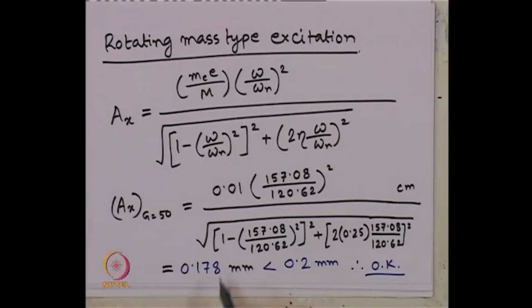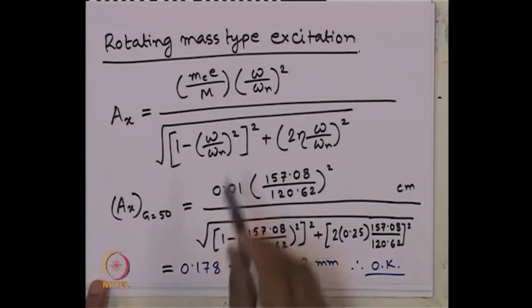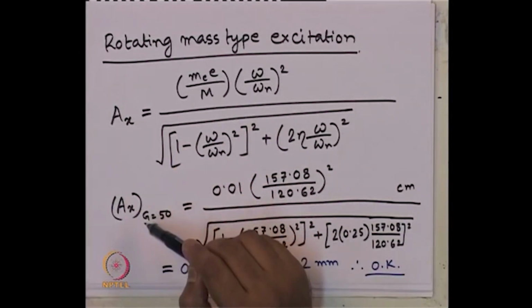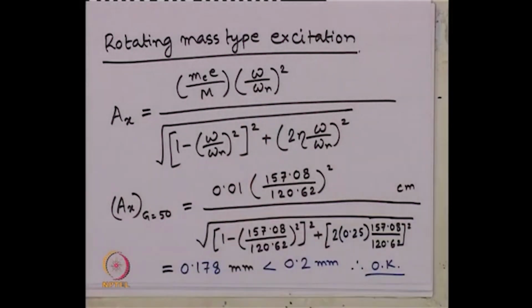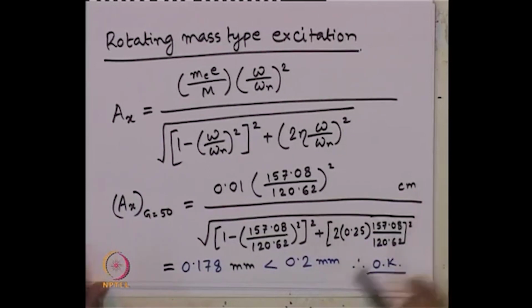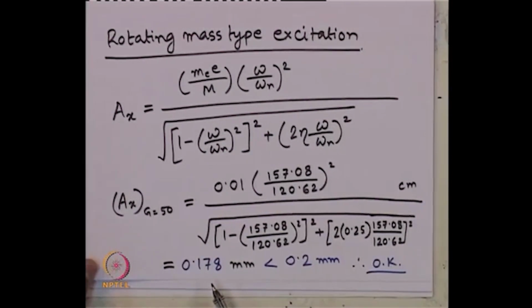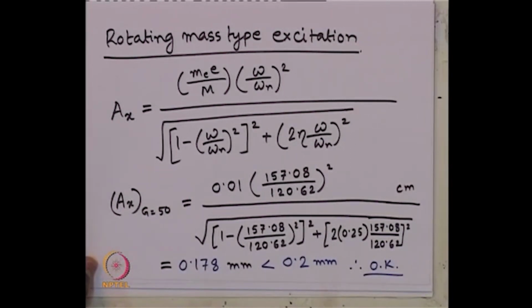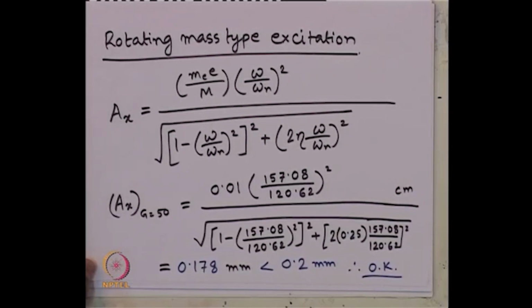And once again, as I have mentioned for the vertical case, here also the A x value remains the same in both constant force type and rotating mass type, provided the exciting load remains the same in both the cases. As is the case here, we need not calculate always like this. We can simply say that as the exciting load is the same in both the cases, the displacement amplitude at operating frequency will be the same.